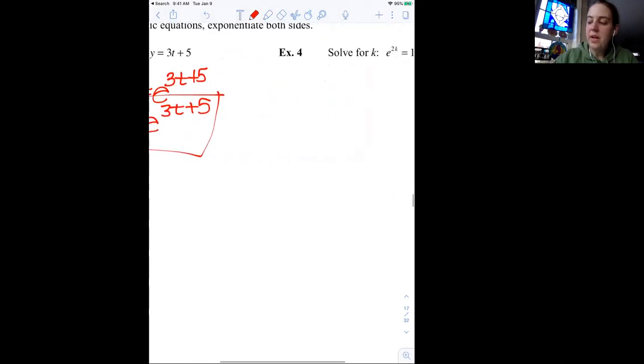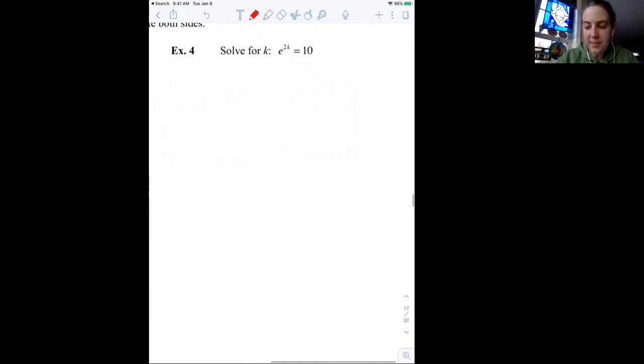If I move over here, solve for k, again, review of what we did yesterday, I would bring a natural log on both sides. Natural log of e to the 2k is equal to natural log of 10. Then remember, this 2k can move to the front.